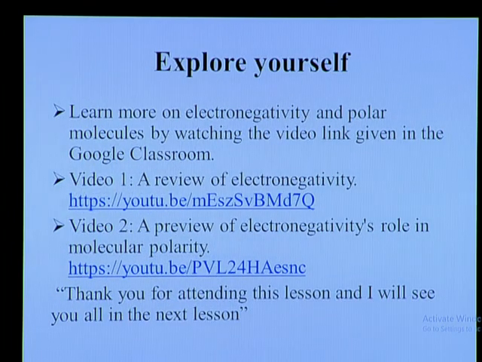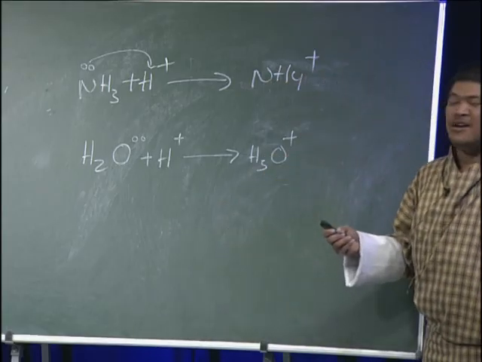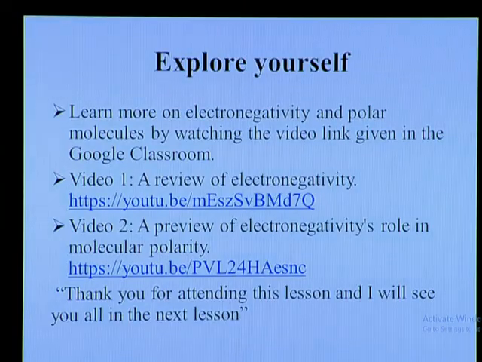You can find more information about polarity and electronegativity on YouTube: video 1, review of electronegativity, and video 2, review of electronegativity's role in molecular polarity. The link will be shared in your Google Classroom, so you can go to the link and watch the videos for more information.